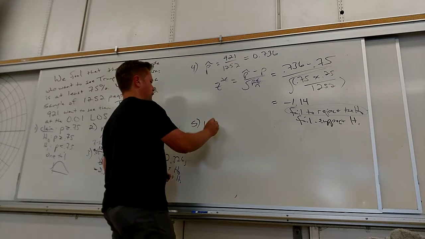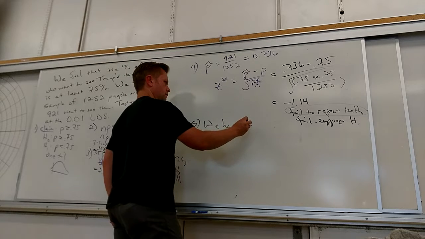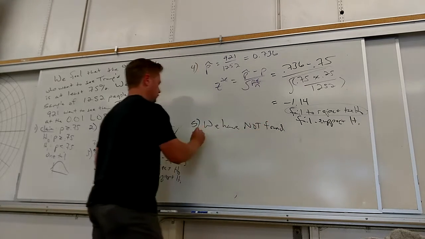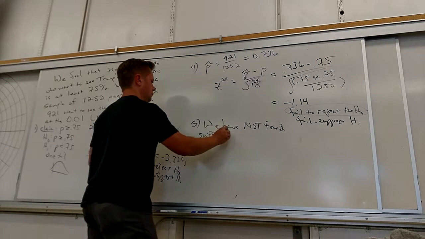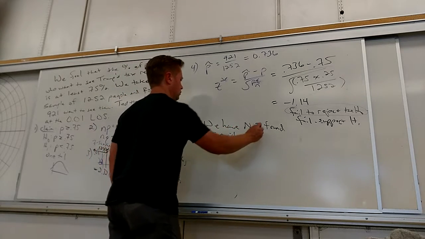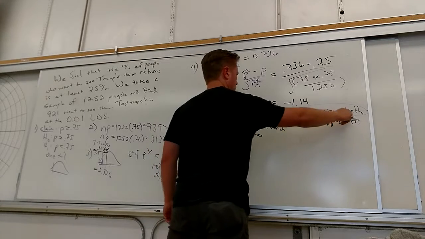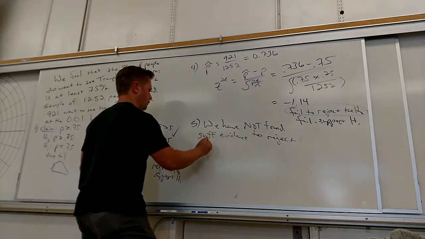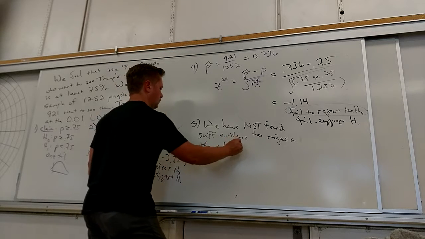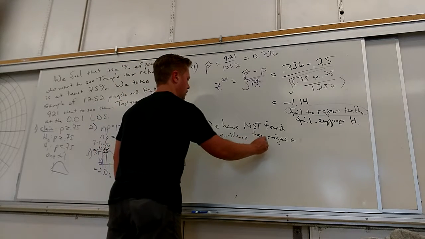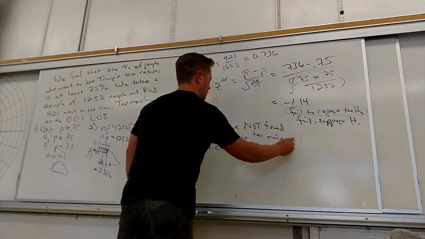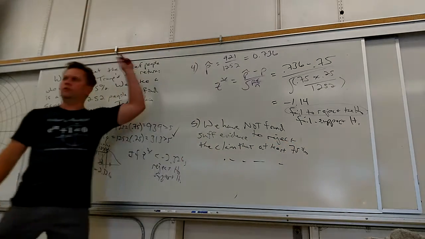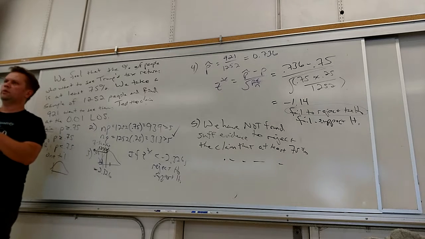Fail becomes we have not found sufficient evidence to reject the claim that at least 75% of people want to see blah, blah, blah. You just copy it from there. Please do not. Don't make me write more.